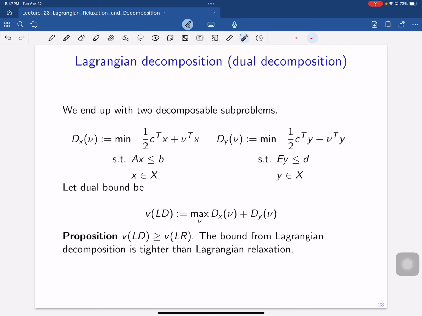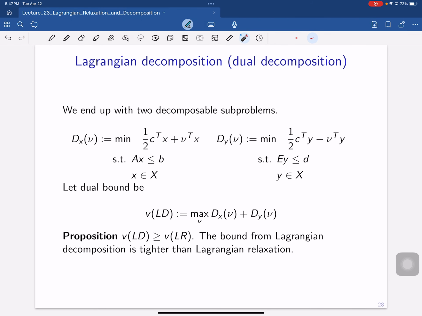So here the dual bound is a maximization problem over v, this Lagrangian multiplier you introduced. One interesting observation here is the Lagrangian decomposition gave you a tighter bound than Lagrangian relaxation.